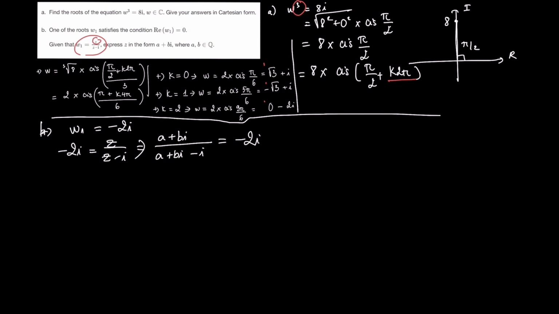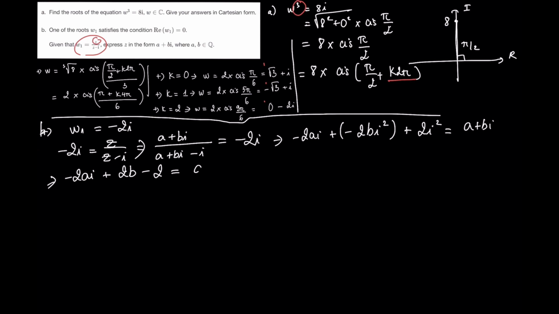Here you're going to do cross multiplication and then solving it like a normal function. So we're going to have, as we have already discussed from the beginning, i squared being equal to minus 1. So we're going to have minus 2ai plus 2b minus 2, which is equal to a plus bi.